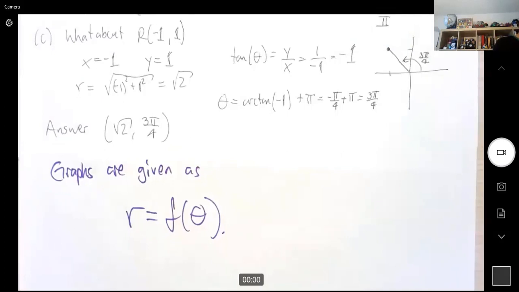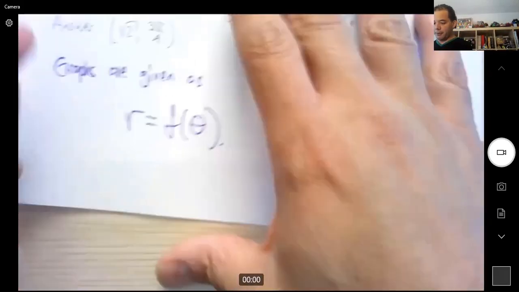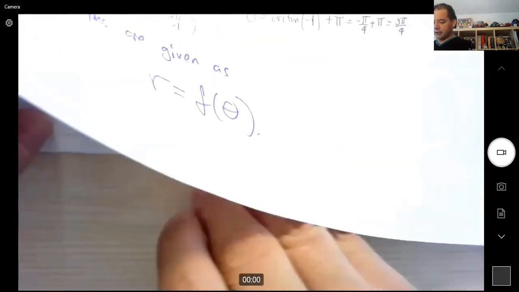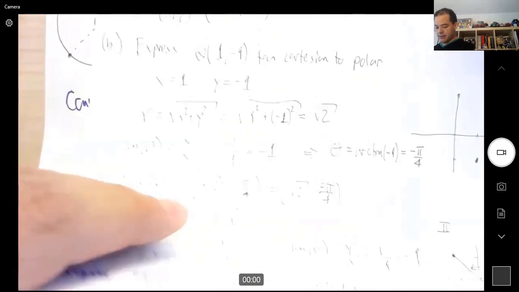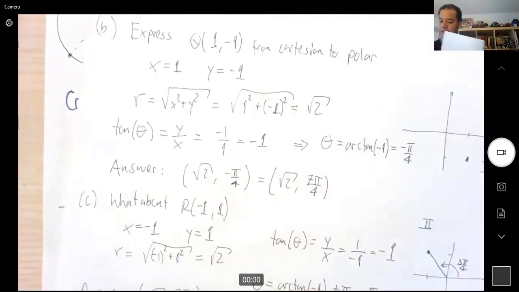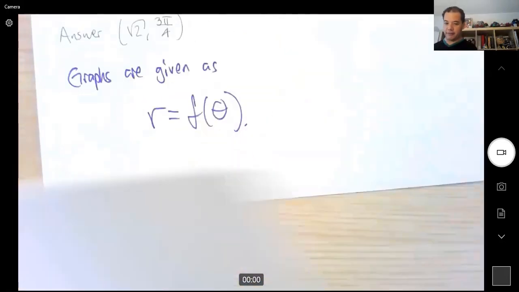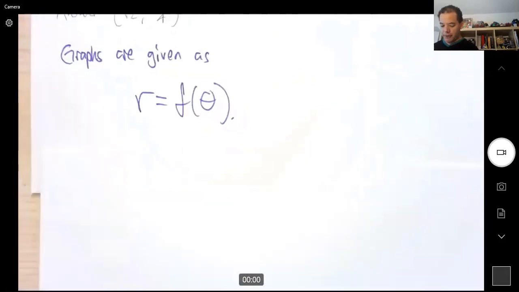The easiest ones are, for example, this one over here. So the first one I would like to see is when we simply make it a constant, right? That would be the easiest. So what would be the graph of r equals, say, 3?